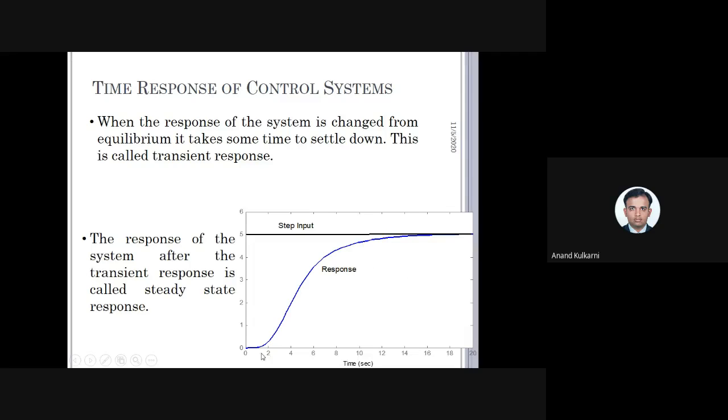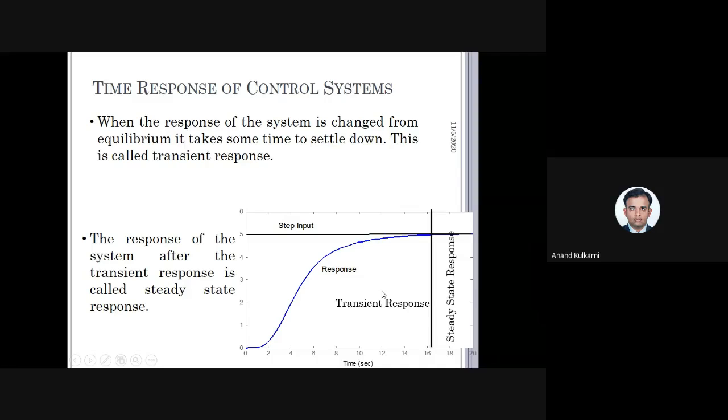See here, when the input given is 5 units, the output gradually increases from 0, and as time passes it will try to approach 5, and after say 16 seconds, it has reached the input, that is 5 units.